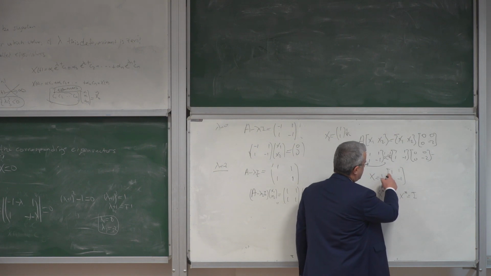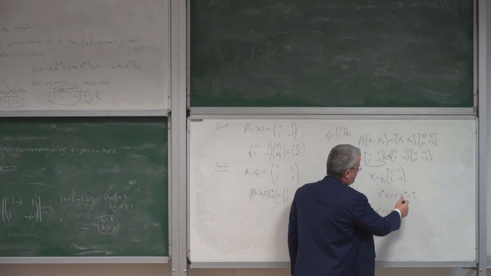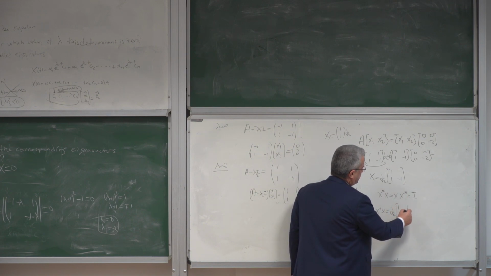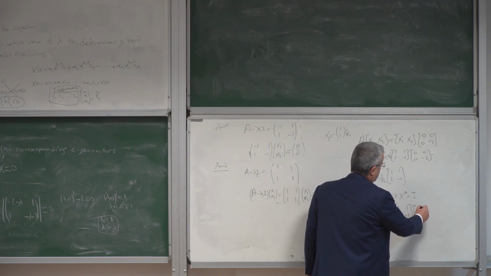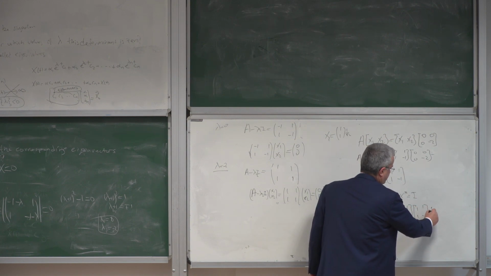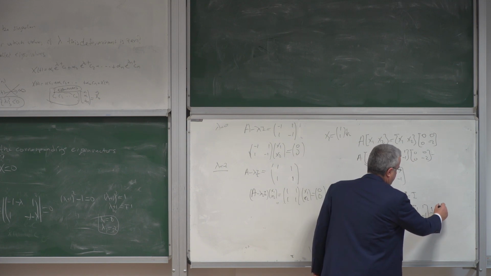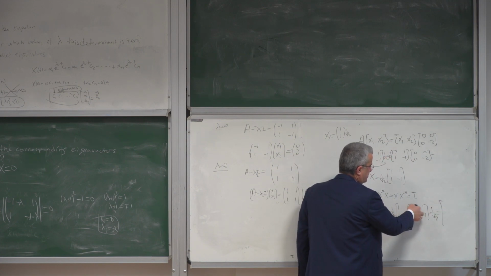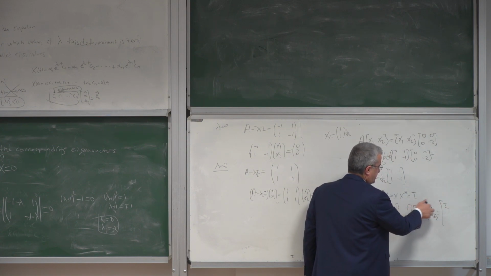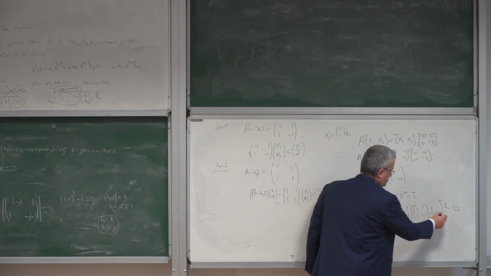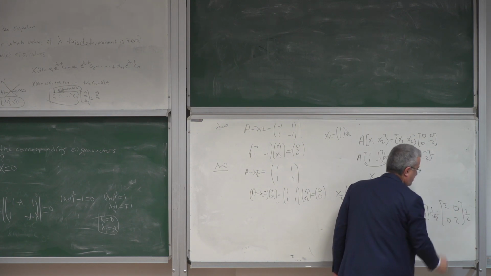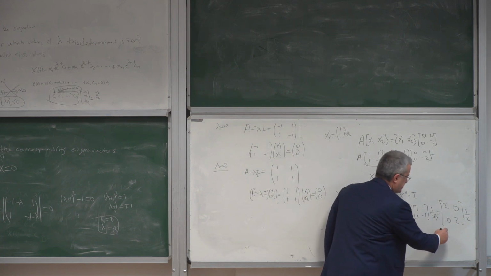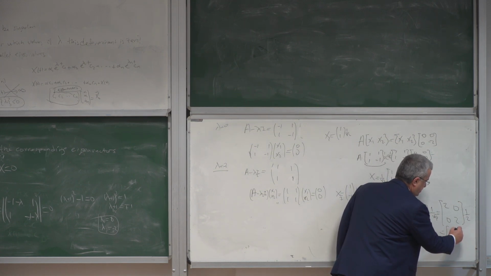Star means transpose, since there is no complex element, just 1, 1, 1, minus 1 times 1, 1, 1, minus 1 times 1 over square root of 2. So what would I have? This gives 2, 0, 0, 2, and the 2 over square root of 2 squared gives you 1, 0, 0, 1.